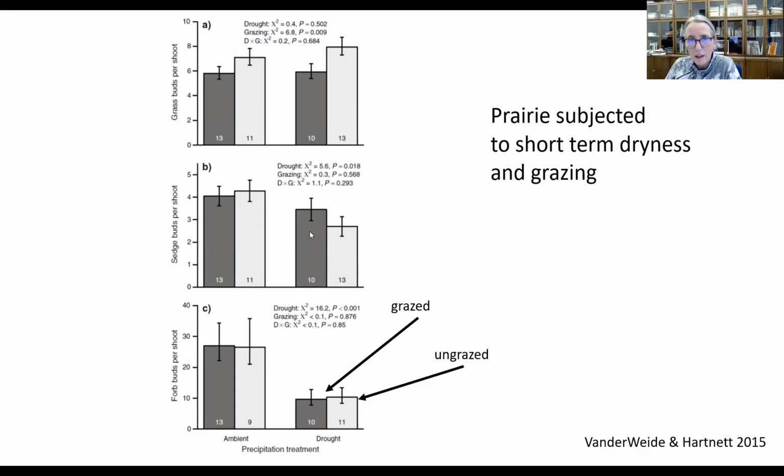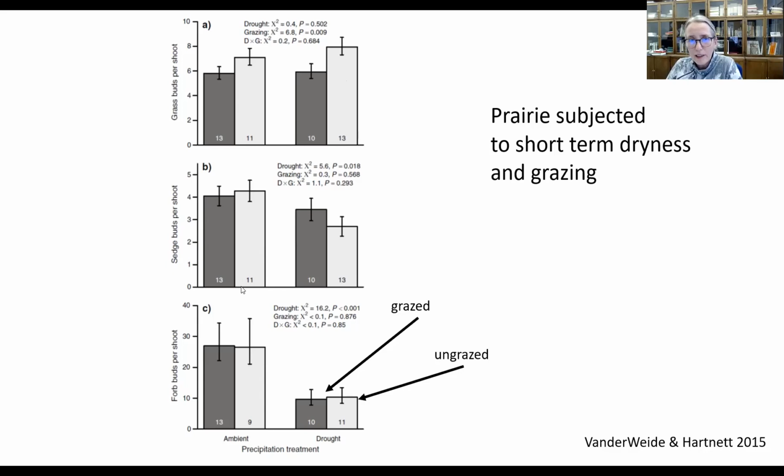There is limited water accessibility, drought treatment, and the dark parts of the graphs are showing grazed plots and the light ones ungrazed. And this is for grass buds. So bud bank, per grass shoot. They are affected not by precipitation, but by grazing. When it's ungrazed, they have more buds.